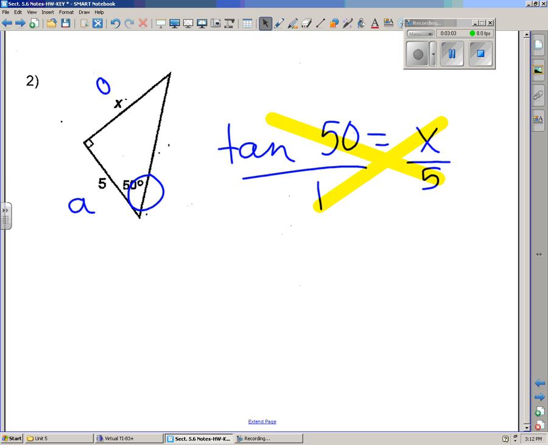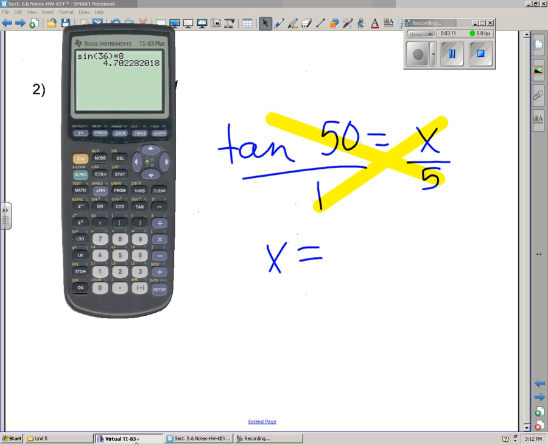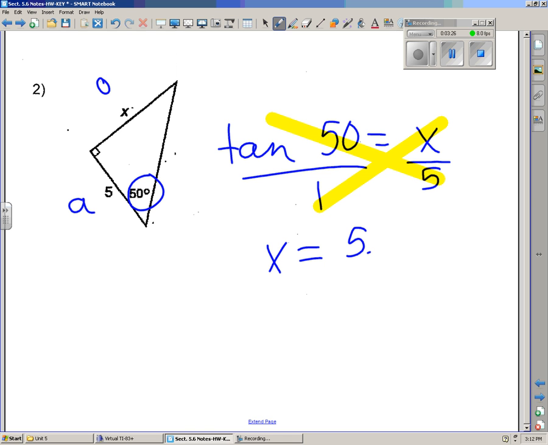Okay. X equals, and when you use your calculator, tangent 50, close up your parenthesis, multiply that by 5, you get the answer of 5.958 or 5.96.